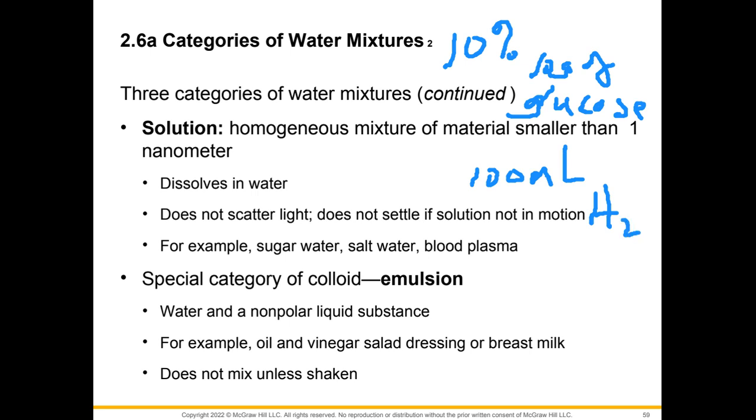If it's 20% glucose, you measure out 20 grams of glucose and dissolve it in a maximum of 100 ml. You don't want to start with 100 ml of water because the 20 grams will displace some volume. So you measure out about 80 ml of water, throw in your 20 grams of glucose, and even though it displaces a little bit, it's okay. You add the rest of the water so the total is 100.